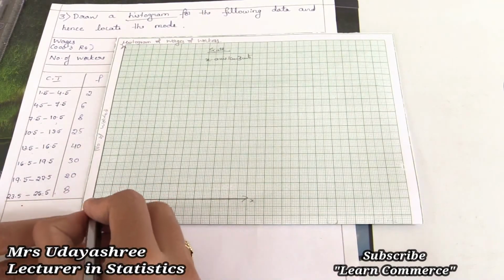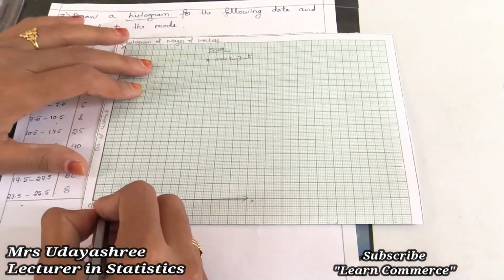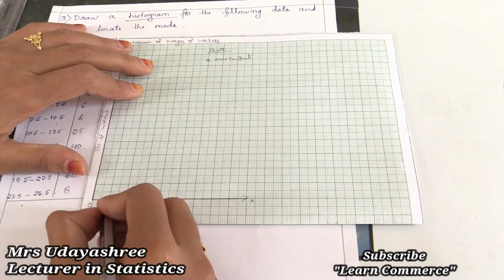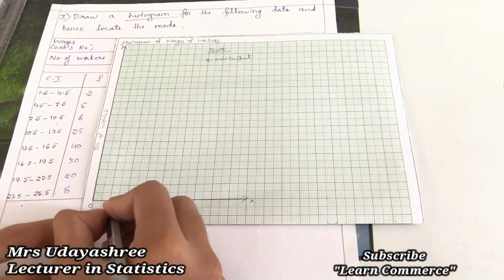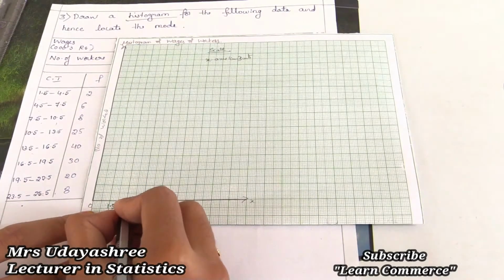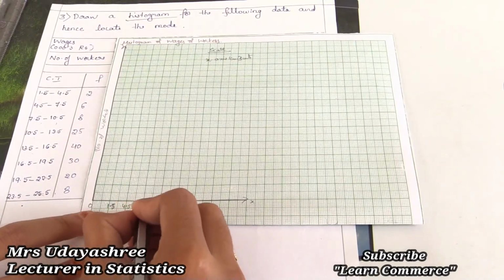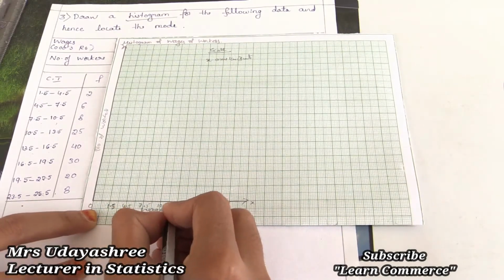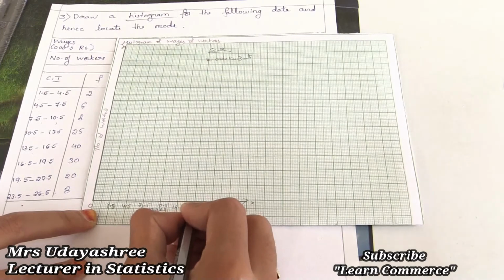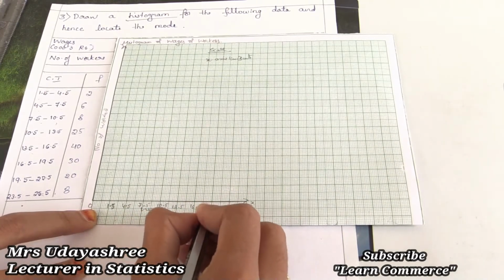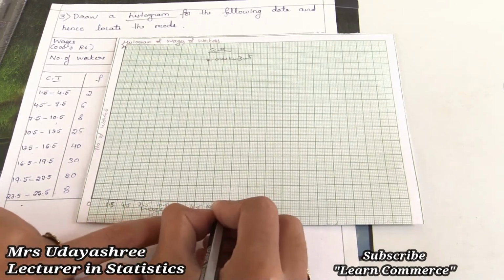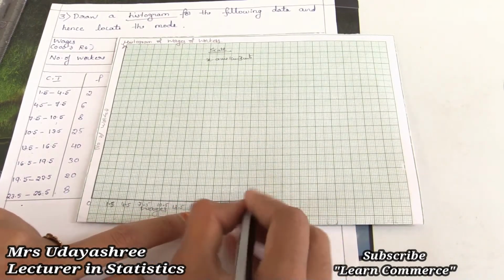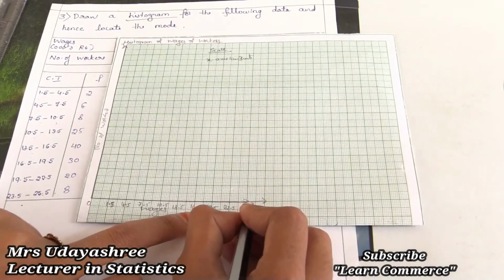Therefore, the origin is 0, next 1.5, then 4.5, 7.5, 10.5, 13.5, 16.5, 19.5, 22.5. One more observation is there, that is 25.5.